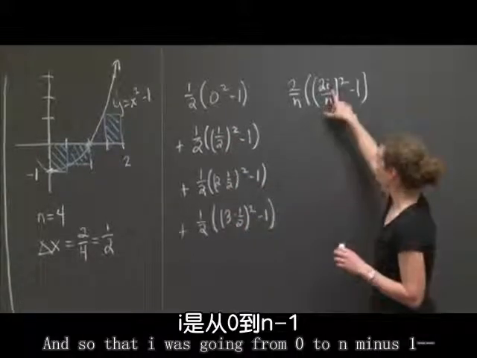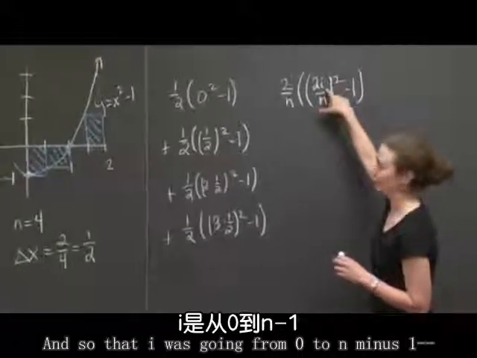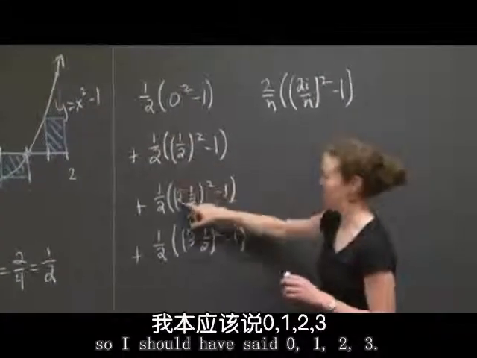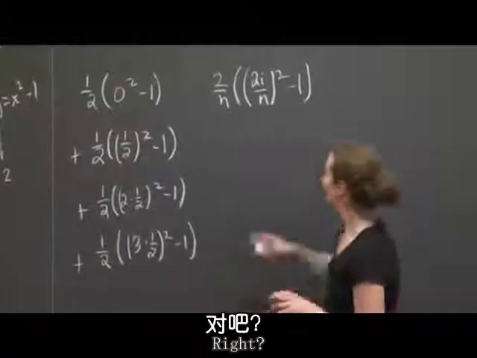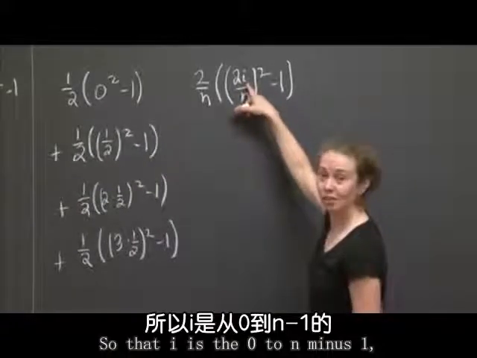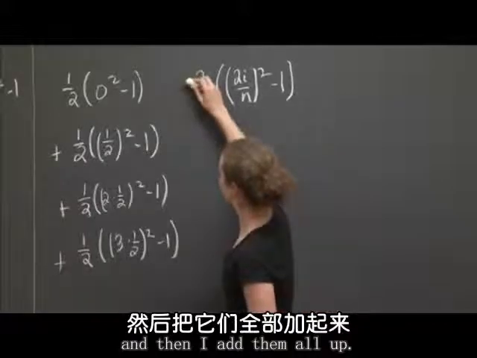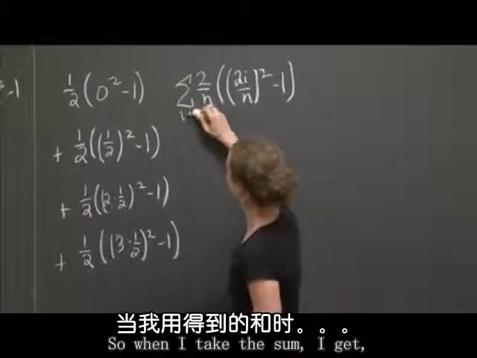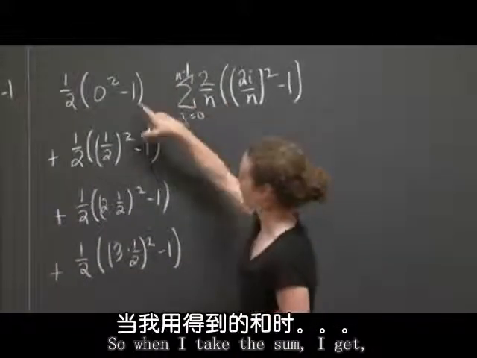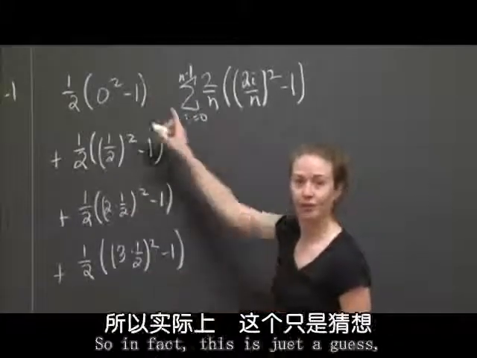And that i was going from 0 to n minus 1, so I should have said 0, 1, 2, 3, right? So that i is the 0 to n minus 1, and then I'm evaluating that, and then I add them all up. So when I take the sum, for n equals 4, I get this.